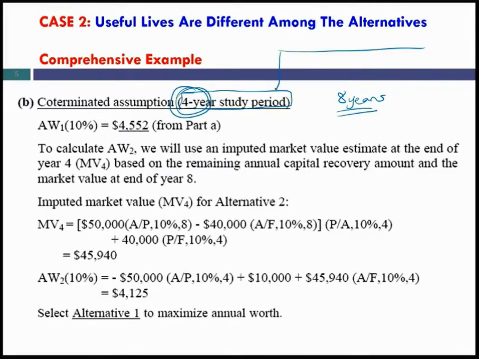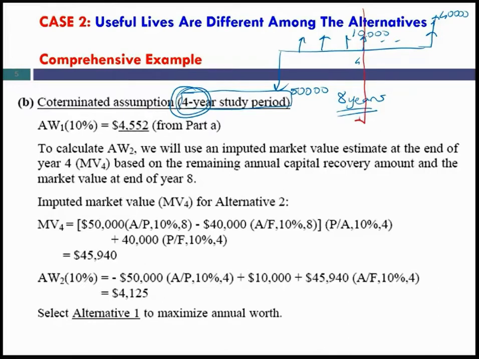So what do we need to do for this second one? Remember, we have such a cash flow for the second alternative: 50,000 initial investment, and then 40,000 end market value, and then 10,000 annual revenues.